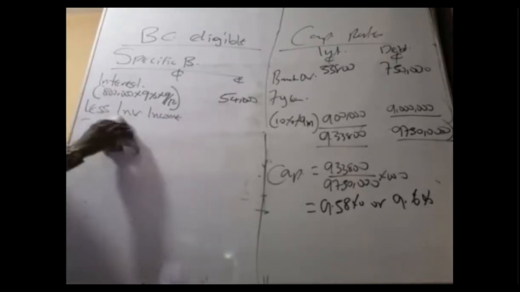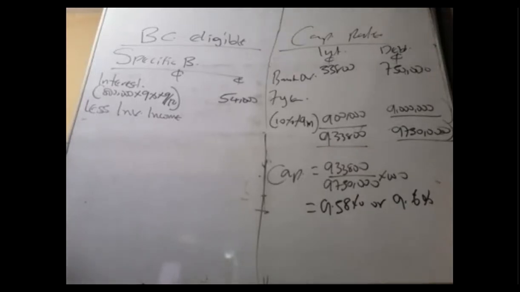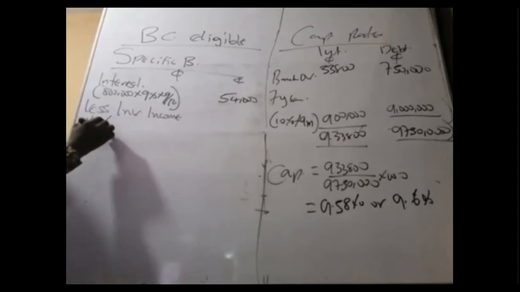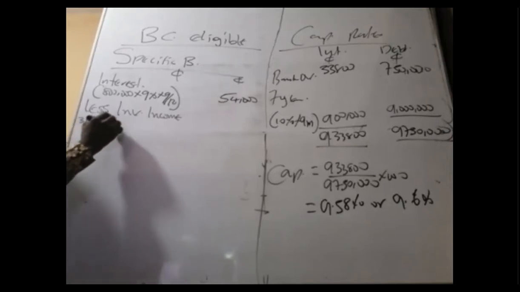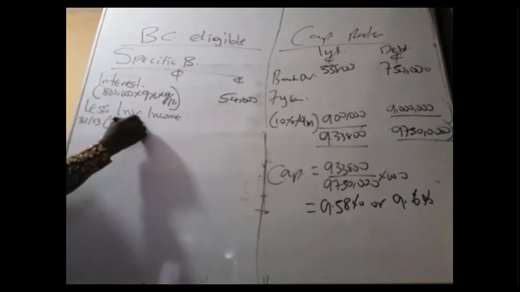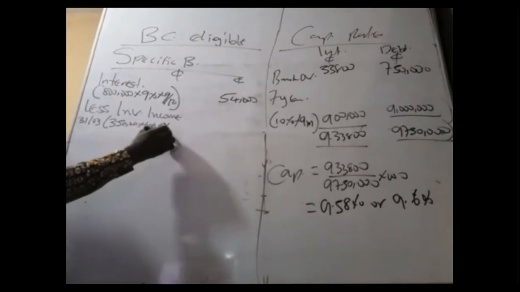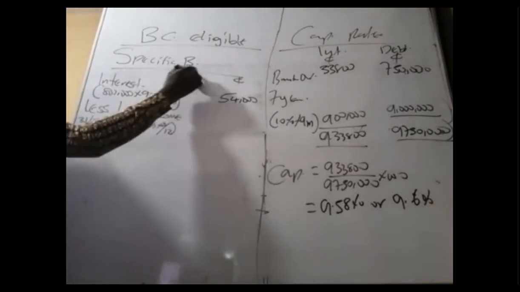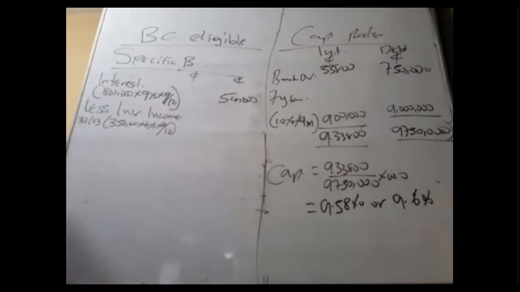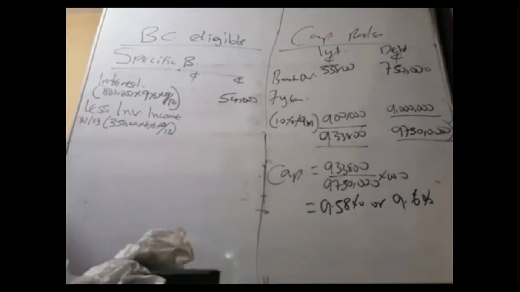It will be something like, in brackets, 31st March, open a bracket: 350,000 times 6% times 3 out of 12. So take note of that.